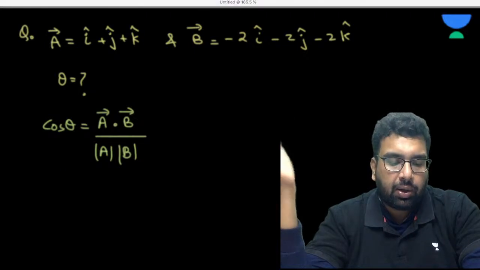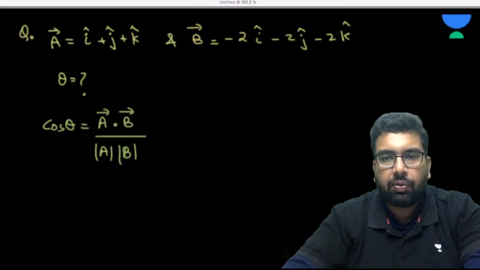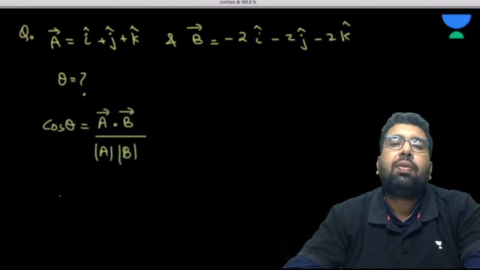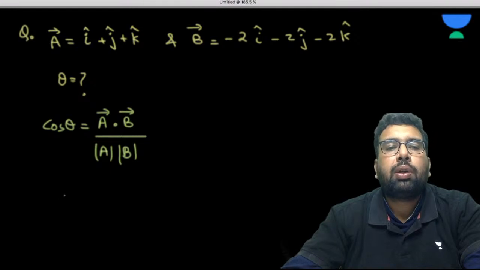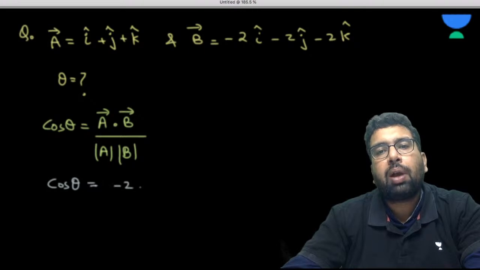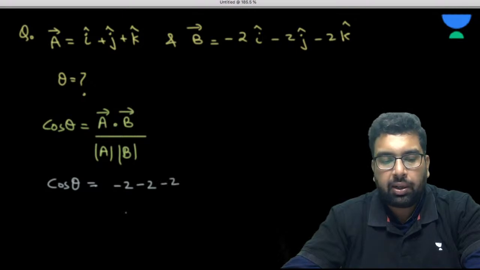Which way is going to give you the best result in the least time? That should be the approach. So what is going to be cos theta? The dot product of A and B is going to be minus 2, and minus 2, isn't it?